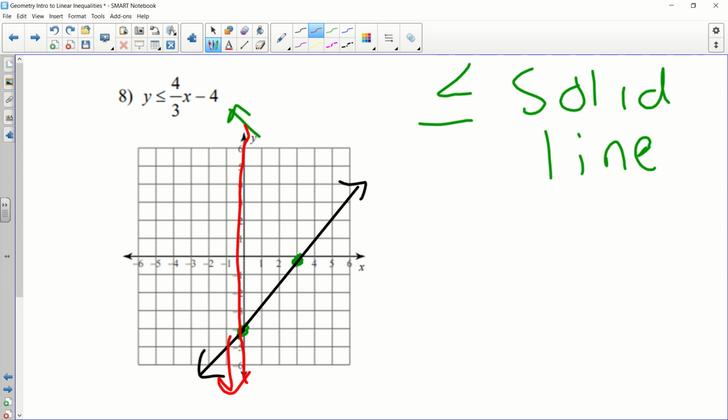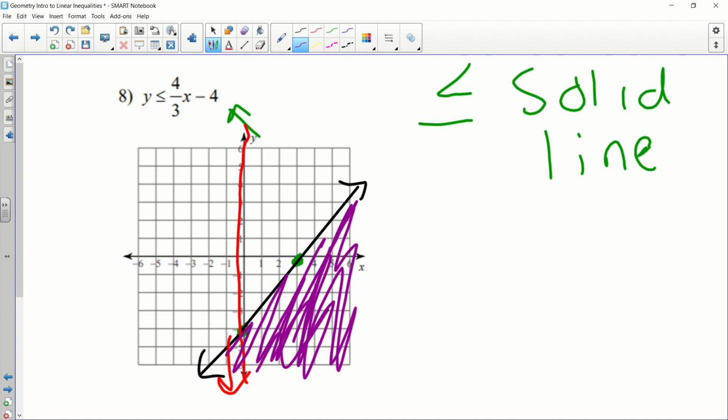So for shading, I'm going to shade in everything below the line. And that is a graphed linear inequality. What does that mean? Any point in the shaded area or on the boundary line will be a solution to this inequality.